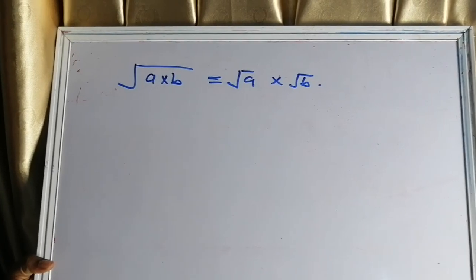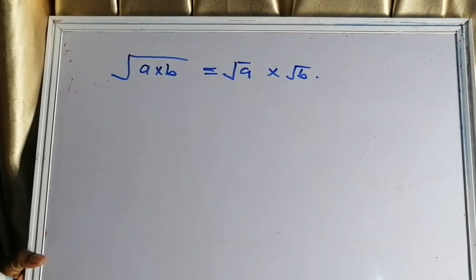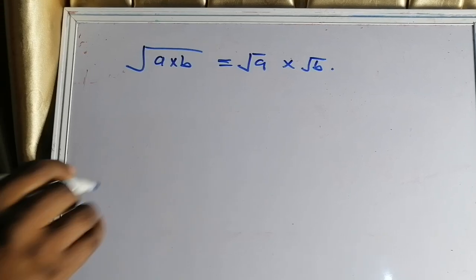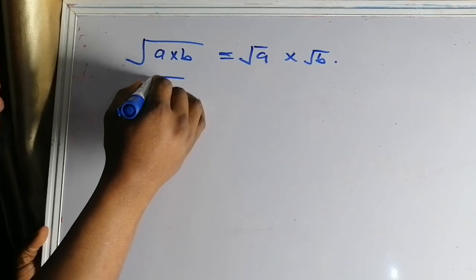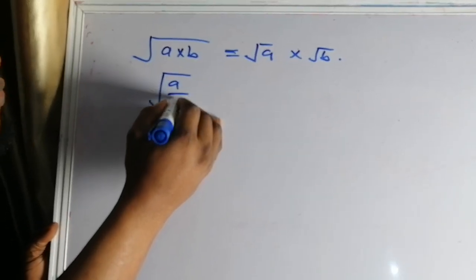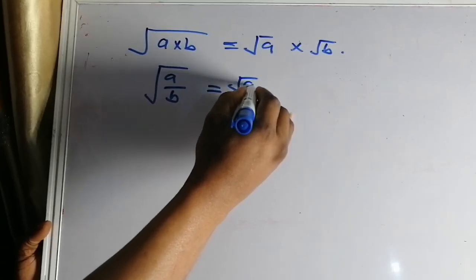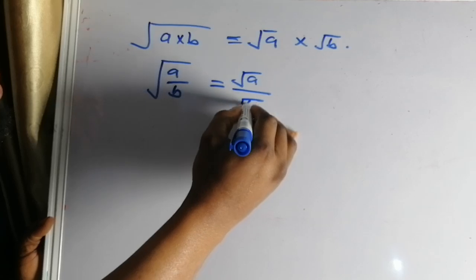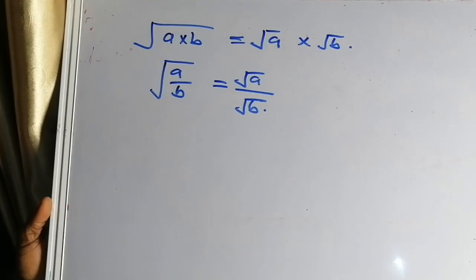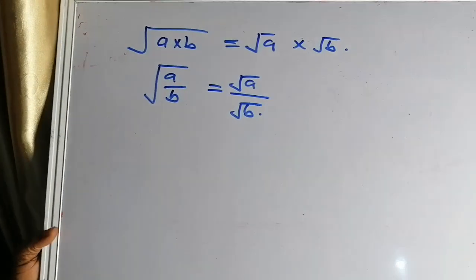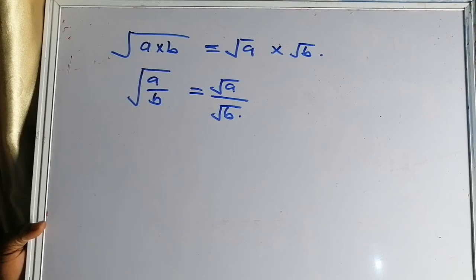The second one that I need to reiterate for correction is that root of A over B is the same thing as root A over root B. Because in indices there is what we call the same power.